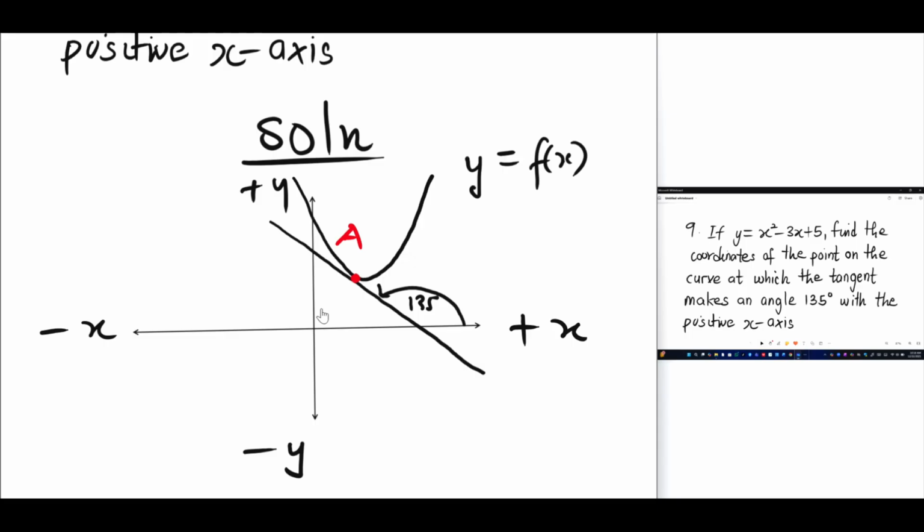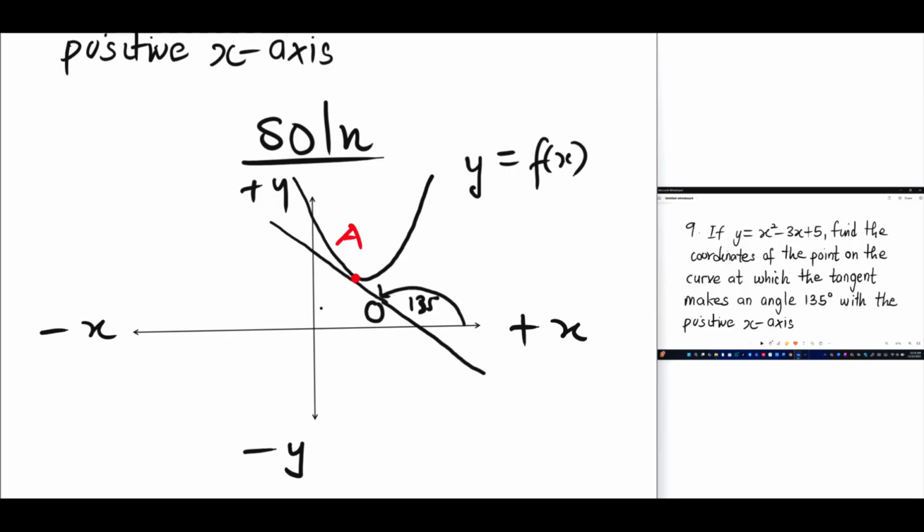Let us get it from this side. So we have 135 over here as the angle that the tangent makes with the positive x-axis. So we are left with theta over here, this particular theta.